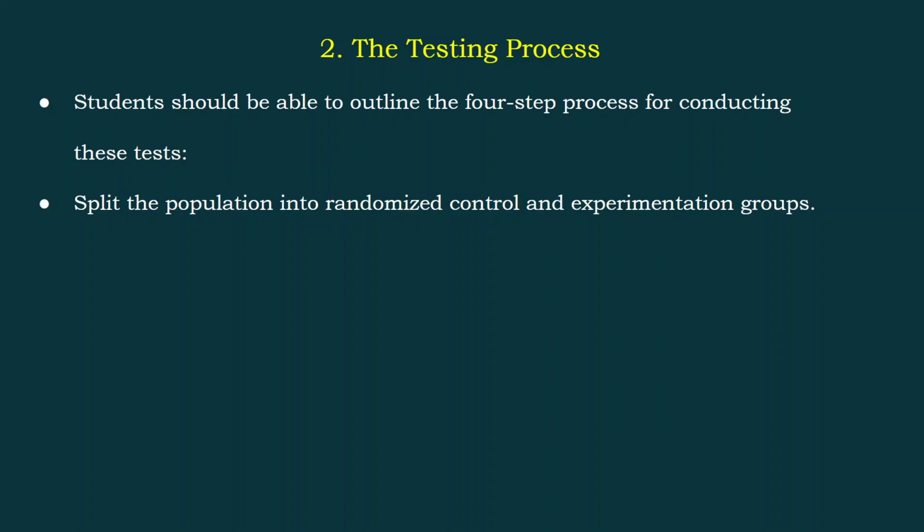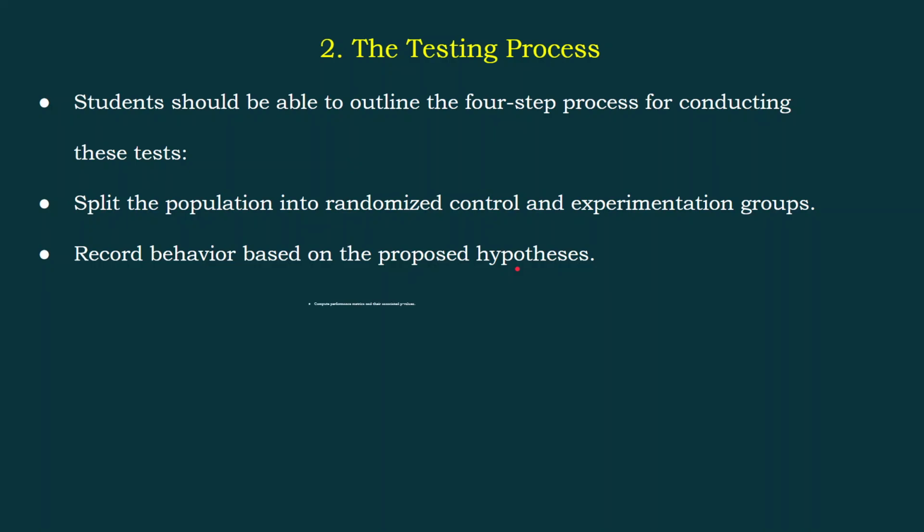First you have to split the population into randomized control or experimentation groups. We can choose a group randomly, or based on some condition. Then we have to record the behavior based on the proposed hypothesis. So either we may use the null hypothesis or the alternative hypothesis. Based on the hypothesis, you have to record the behavior of how the model works.